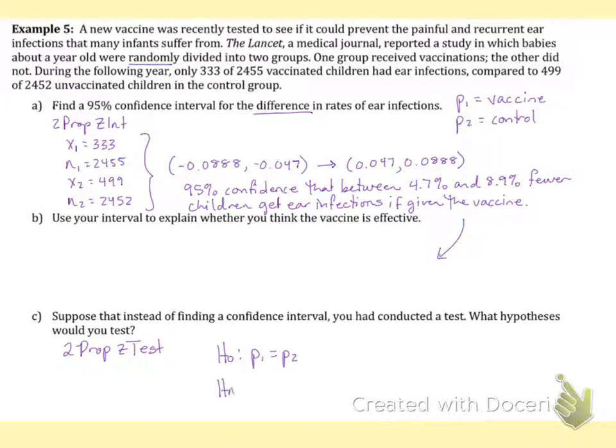And in this case, the alternative hypothesis is that the vaccine is going to mean that fewer children get recurring ear infections. So then P1 would have been less than P2, which is supported by our interval here.